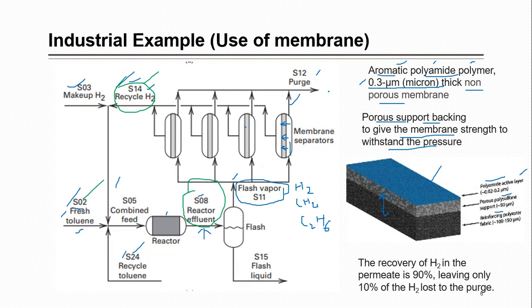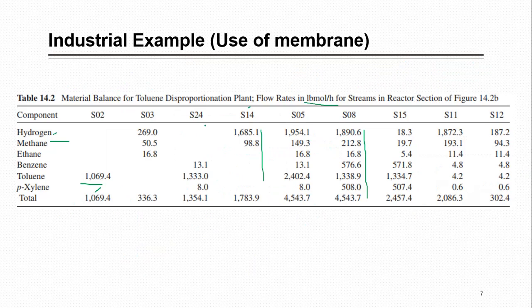So this is the point where you are separating hydrogen from the methane, and that is improving the efficiency, or overall the production of this process, as well as helping us to save money.